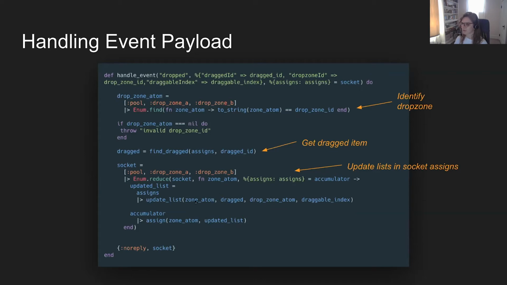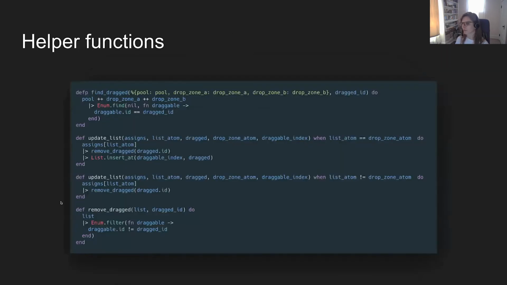And I have several helper functions here that I've defined, and I will just share them here on this slide. So find dragged, update list, and remove dragged. These are more just Elixir fundamentals, but again, if you're interested in knowing how these work, I go into detail in the blog post about how you can update your socket assigns.